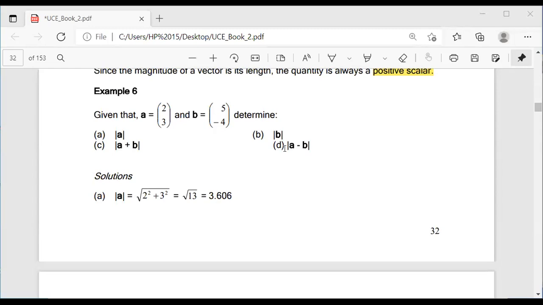The modulus of A minus B. A is given as (2, 3), and B was given as (5, -4). So what is A minus B? You had to first get A minus B.